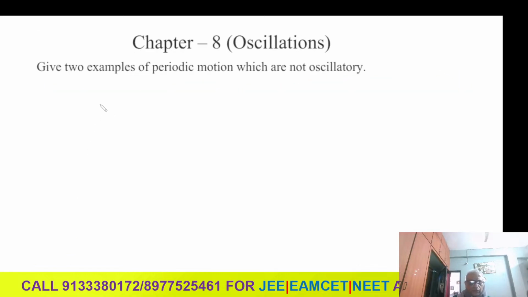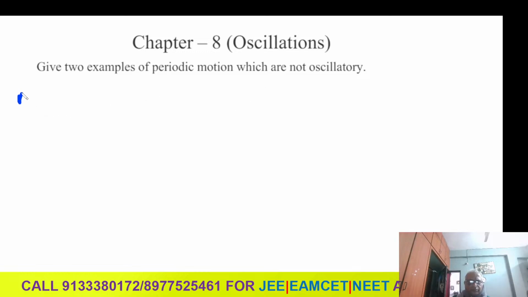Important problems also. Now we are doing another chapter called oscillations. Chapter 8 is called oscillations, meaning simple harmonic motion. Give two examples of periodic motion which are not oscillatory. What is periodic motion?